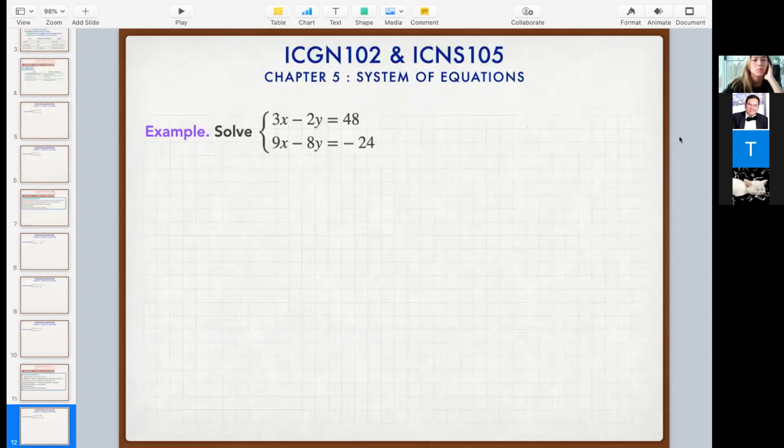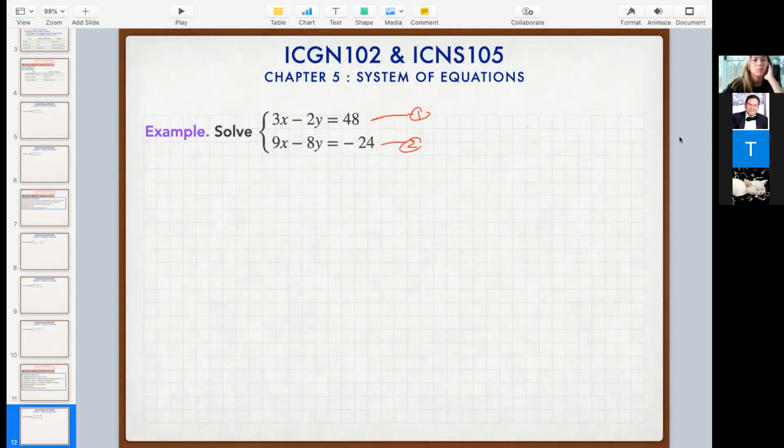Now let's do an example together. I'll show you the first example. In this one we have two equations: 3x minus 2y equals 48, and 9x minus 8y equals negative 24.